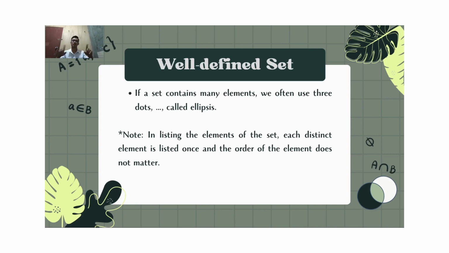There are braces, and inside the braces we can see 1, 2, 3, or we can arrange that as 3, 1, 2. It doesn't matter. Order doesn't matter in well-defined sets.